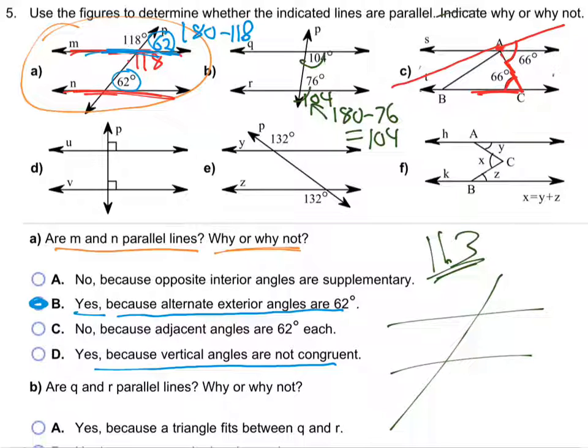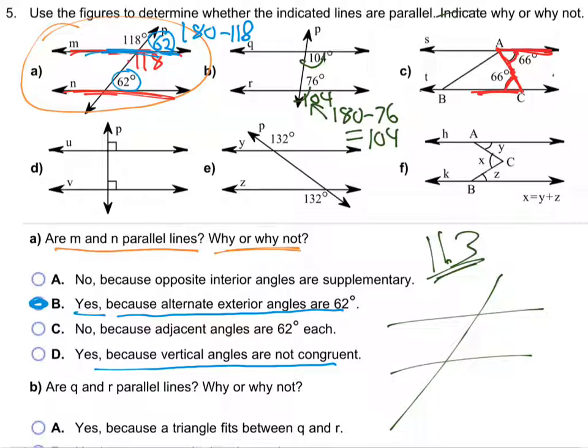So basically, you just look for Z angles, and if you happen to see two Z angles that are equal, like we do in this picture, then for sure those two lines are going to be parallel because they're coming off at the same angle on the Z's.